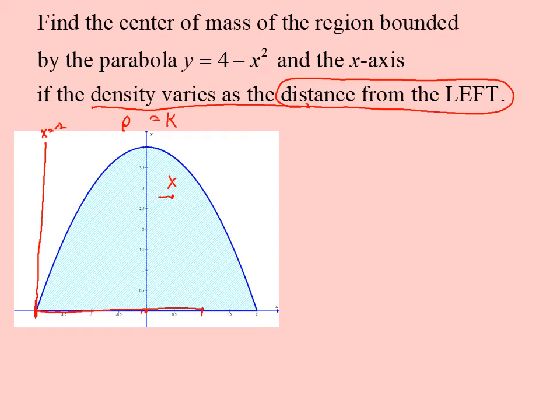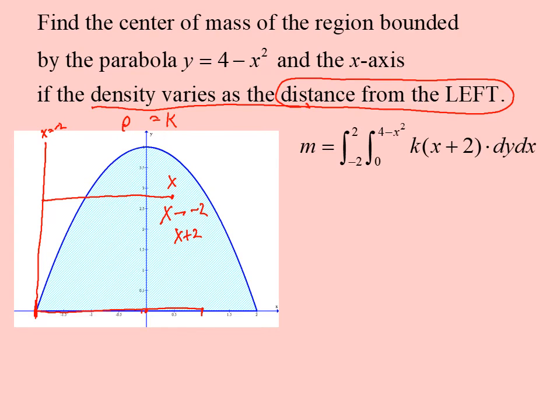Well, it's going to be this horizontal distance. To find a horizontal distance, you take whatever's on the right and subtract whatever's on the left. X minus -2 would be an x plus 2. So there's our formula for mass.